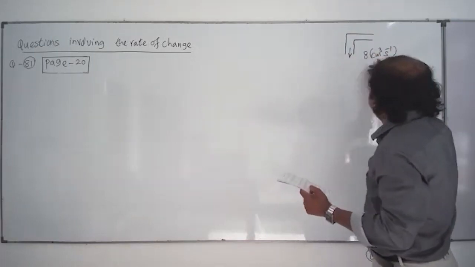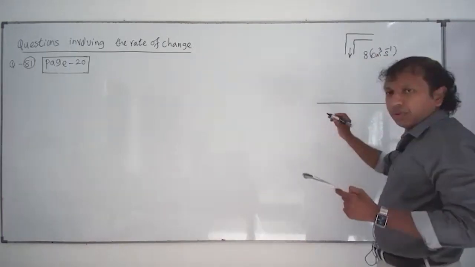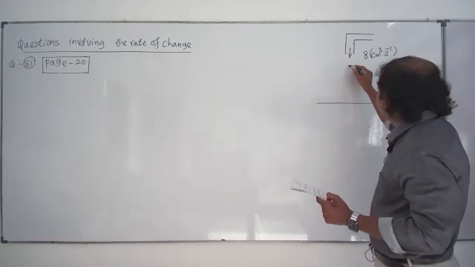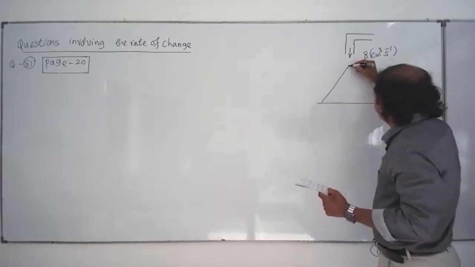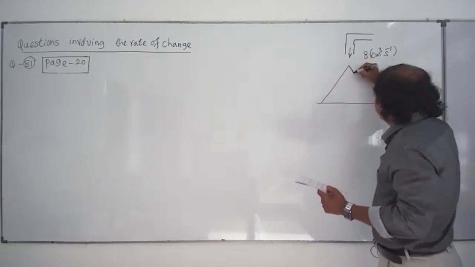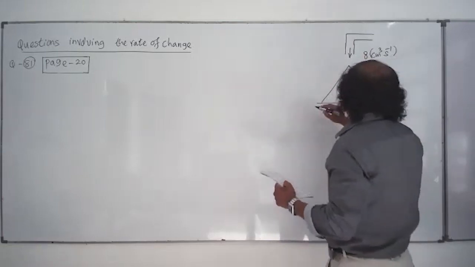Pause this way, right? Now this sand falls onto the ground, forms a cone like this. It is very practical, no? You know, when the sand is poured like this, that sand on the ground forms a cone like this.